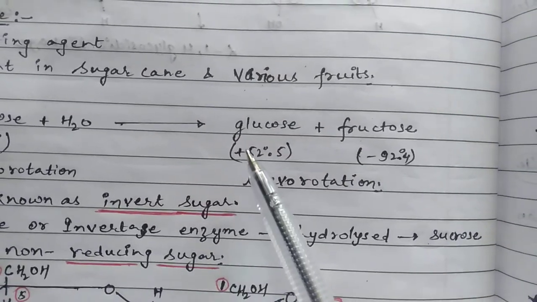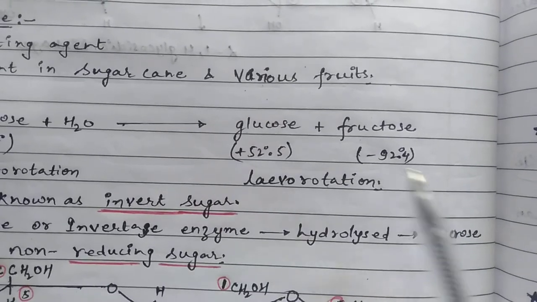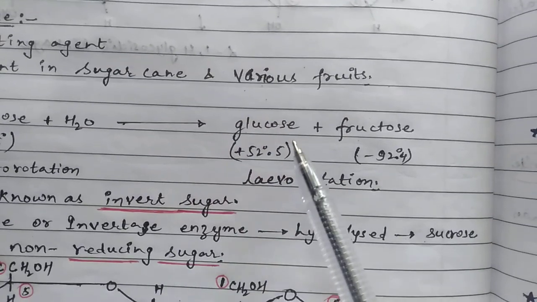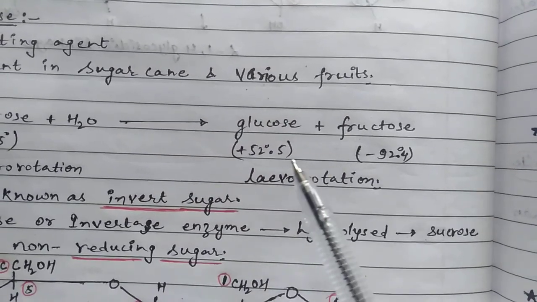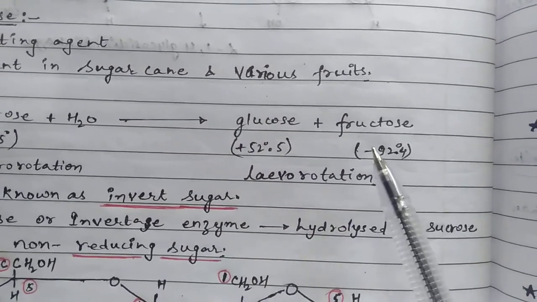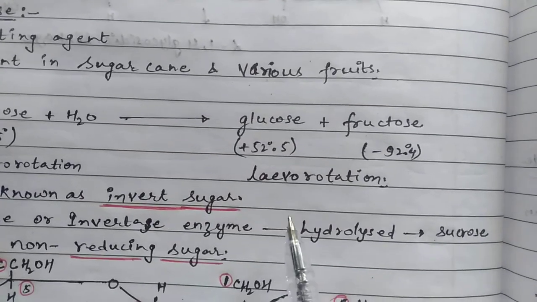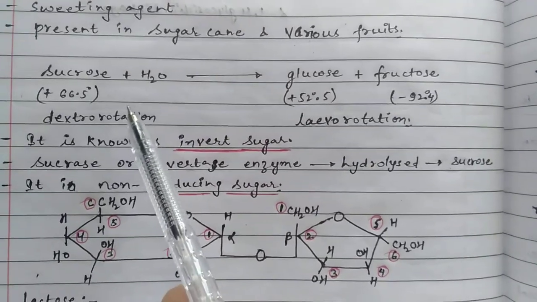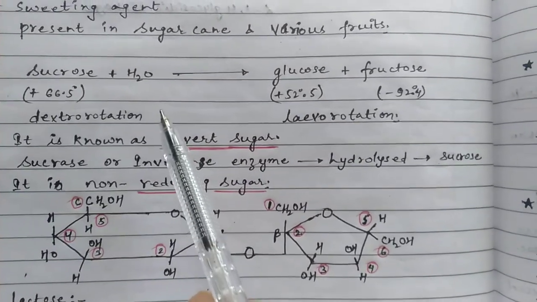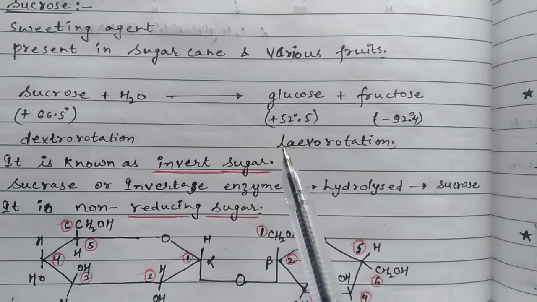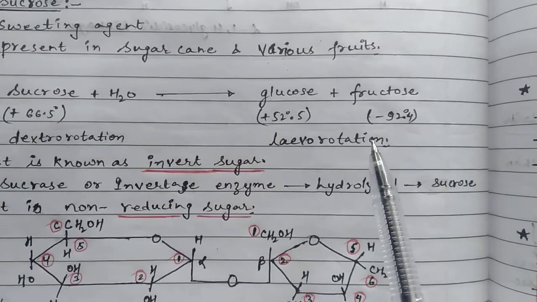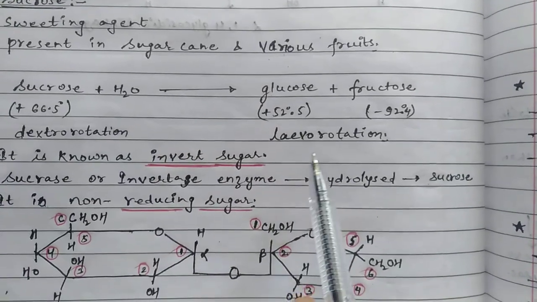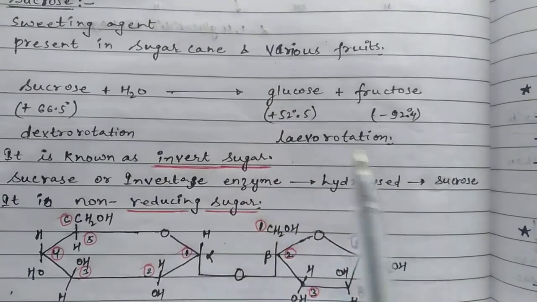So you can see the value of glucose is lower than the value of fructose, so this value overcomes the glucose value, and finally the equimolar mixture of these two compounds shows levo rotation. So what is happening? Sucrose has dextro rotation, while the hydrolysis product of this sucrose shows levo rotation. This property of sucrose is known as invert sugar.